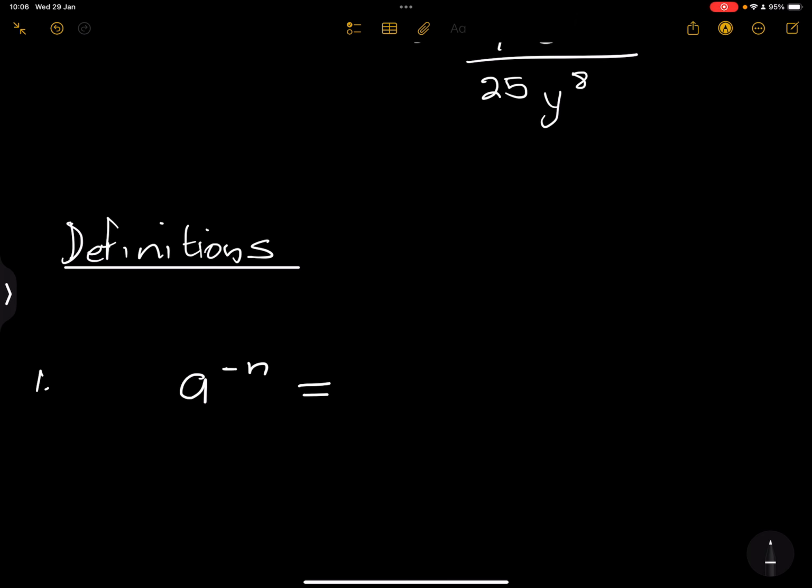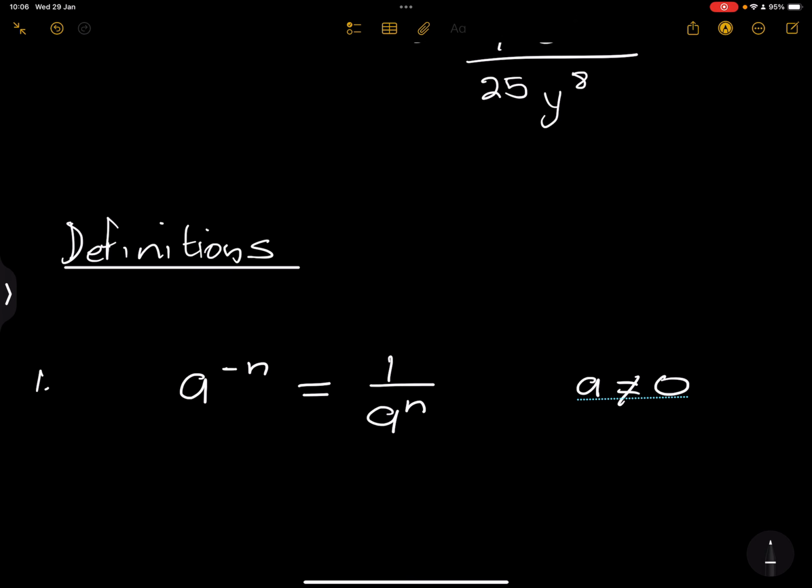So this will be 1 over a raised to the power of positive n. But note in this case that your base cannot be equal to 0.